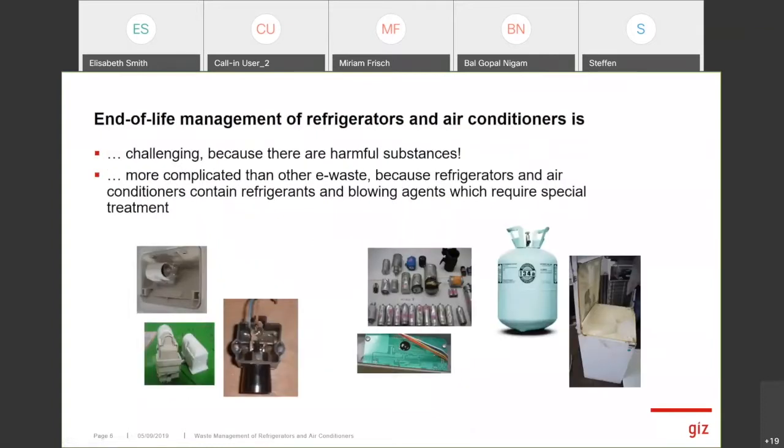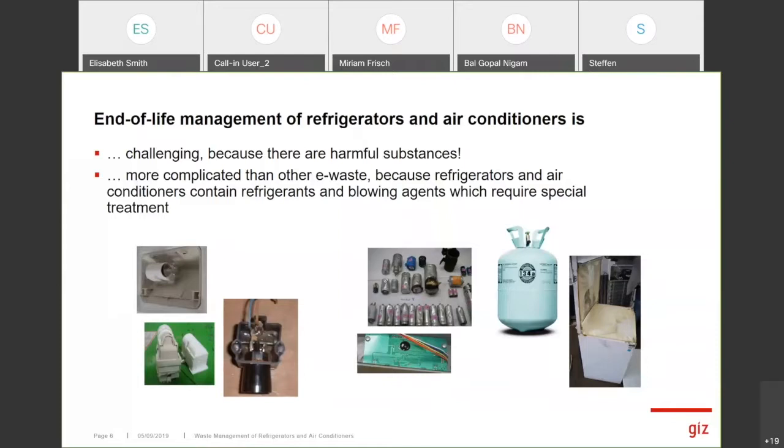End-of-life management of refrigerators and air conditioners is generally challenging because there are harmful substances and components. We can see in the pictures capacitors from appliances and electronic PCB boards, and on the left side you can see a mercury switch, which is very critical, and light bulbs.